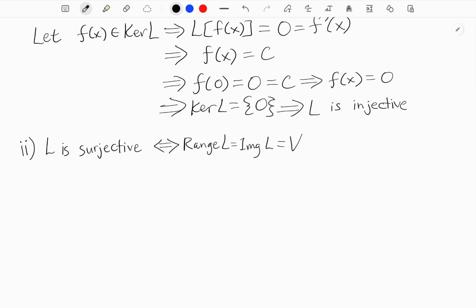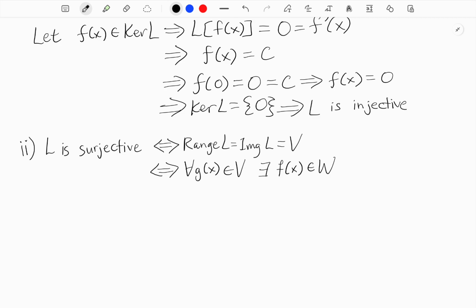Or, in other words, for every g of x, for every polynomial with real coefficients g of x in V, there will exist an f of x in W. So f of x is a polynomial with real coefficients, with an add-on that f of 0 is equal to 0.